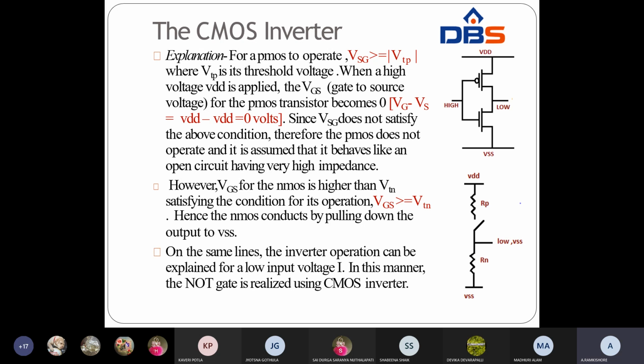On the same lines, the inverter operation can be explained for a low input voltage. In this manner, the NOT gate is realized as a CMOS inverter. Whatever gate we consider should be practically implemented and used in any type of CMOS configuration or CMOS technology.